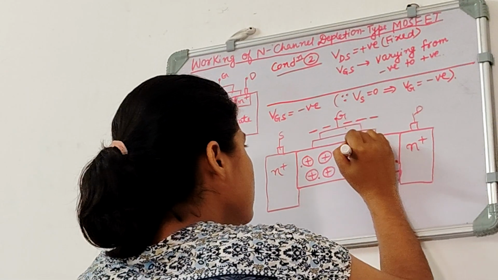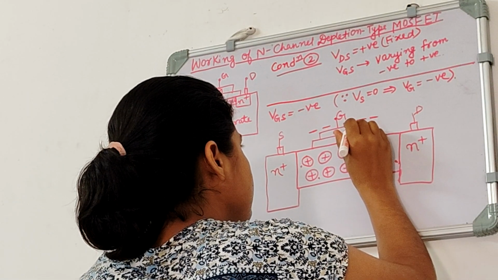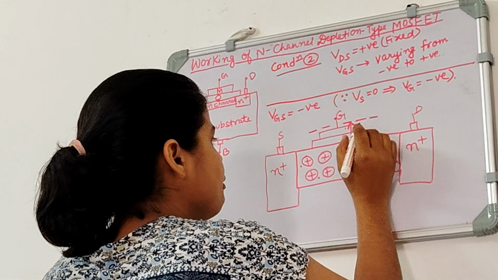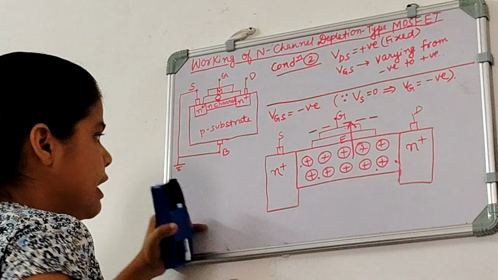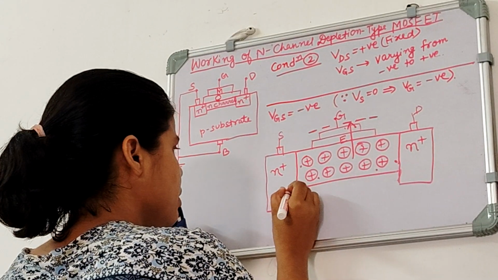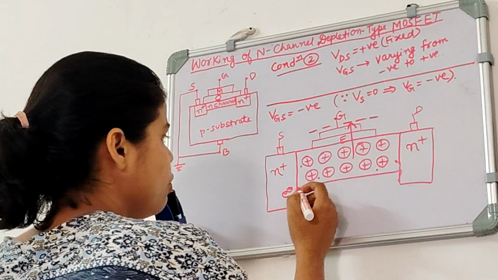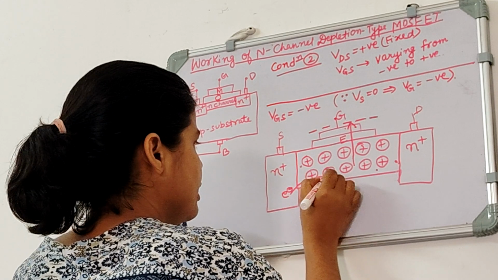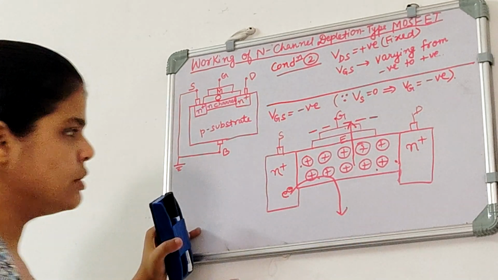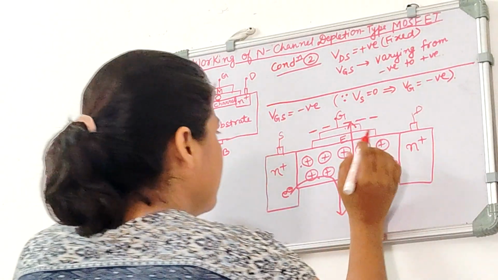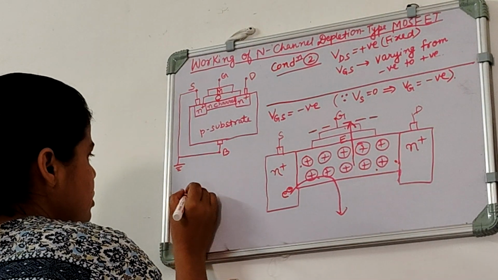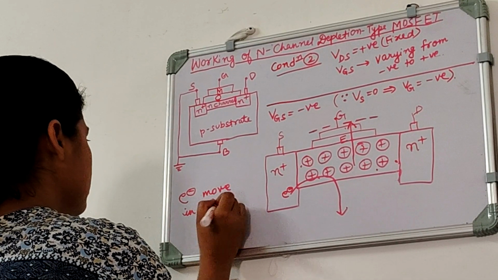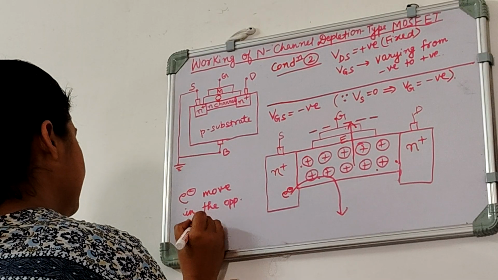Now this negative voltage is here and these positive ions are here. So we will have a strong electric field in this direction, positive to negative. This electric field will be so strong that even if any electron from the source tries to move towards the drain, this electric field will move its direction towards the bottom, because we know that electrons move in the opposite direction of the electric field.